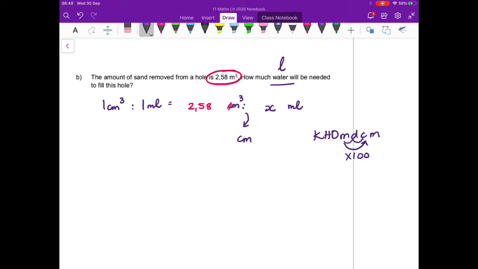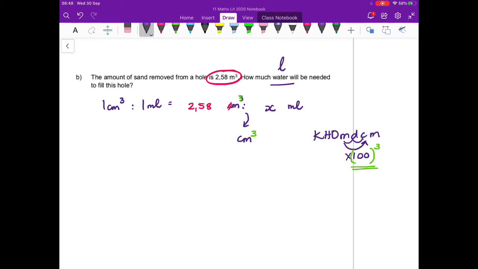So I'm multiplying by 100. But this is the tricky part. I'm changing from meters cubed to centimeters cubed. Therefore, I multiply by 100 cubed. You can just put that into your calculator and it will give you the correct answer.